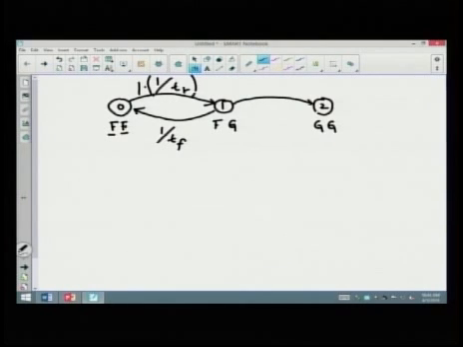So obviously here, there is only one failed machine, so the repair rate would be just 1 over TR. And here, the failure rate is 1 over T sub F. Does that make sense to everyone?